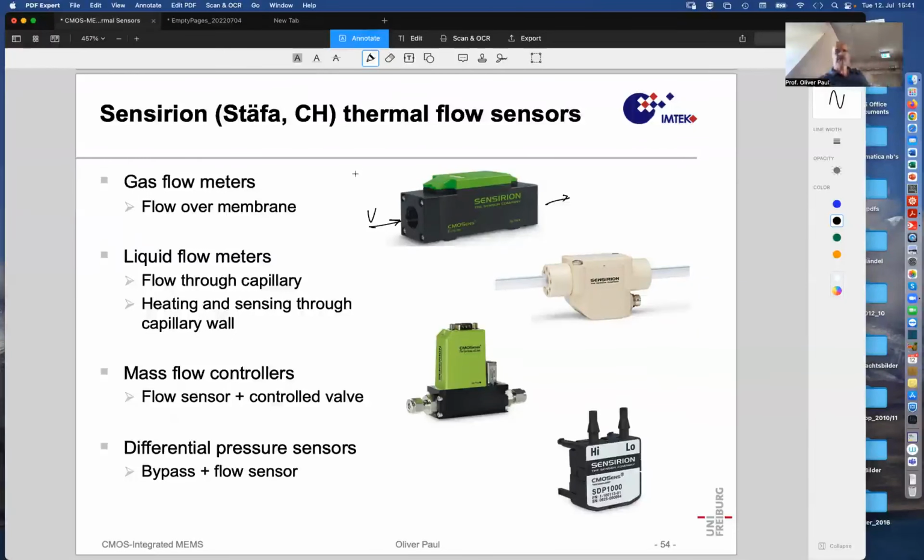And then they expanded from this original gas flow to liquid flow. Now that's a problem because of course liquids easily experience pressures that exceed a lot of critical values that will be deleterious to these delicate membranes.